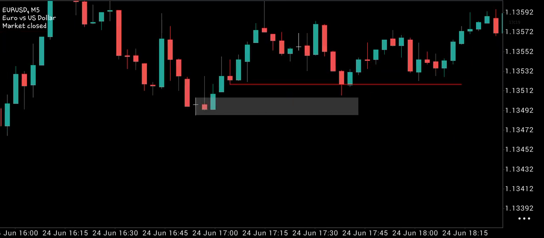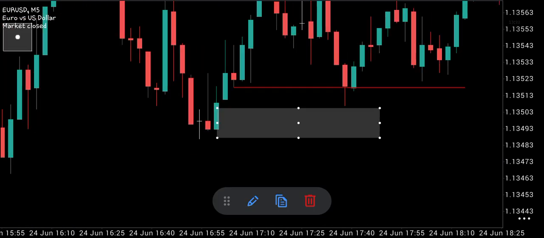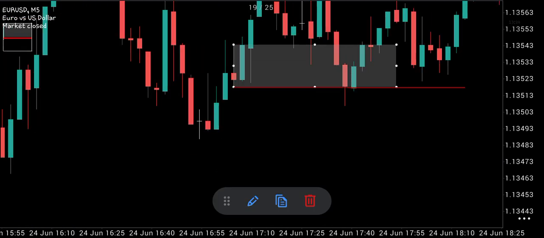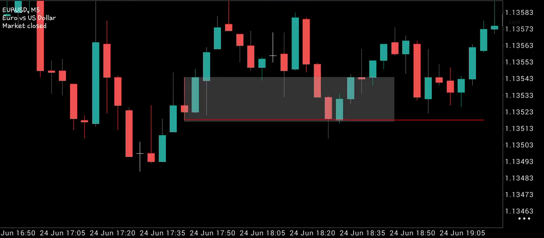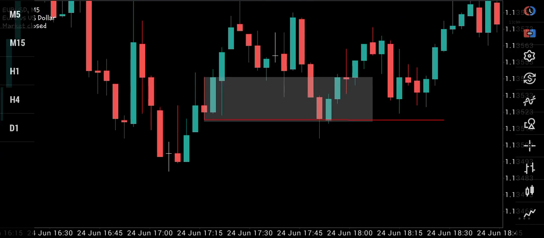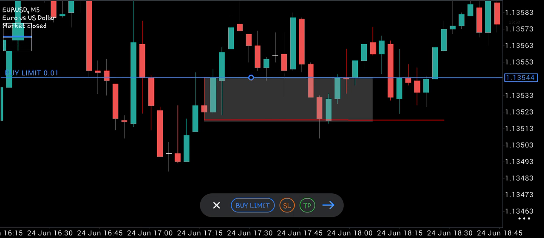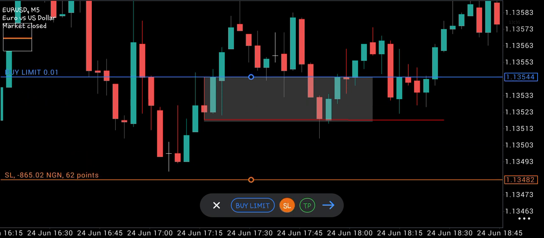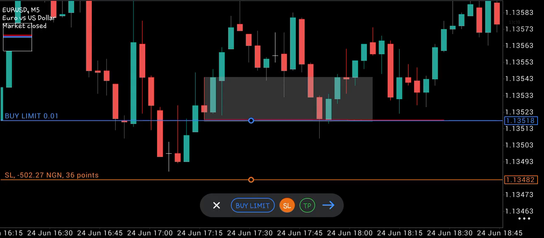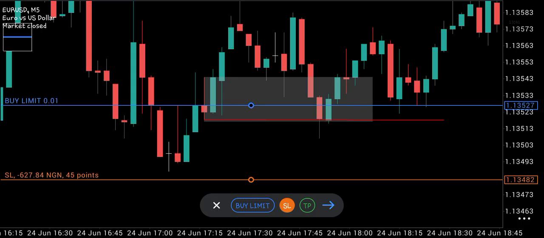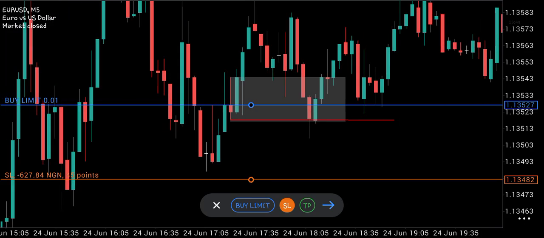So what you can do is use this whole level as your point of interest, and place your trade at the top here and put your stop loss below here, or place your stop loss at the low of that candle, or at the close of the candle, to be more safe. Me, I prefer to use the close of the candle. That's if price actually gives us an actual movement like this, you will do this.